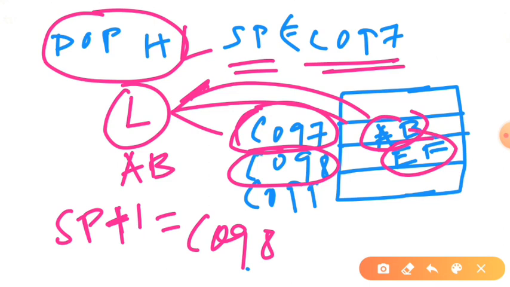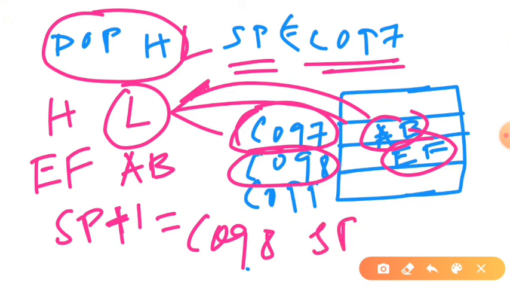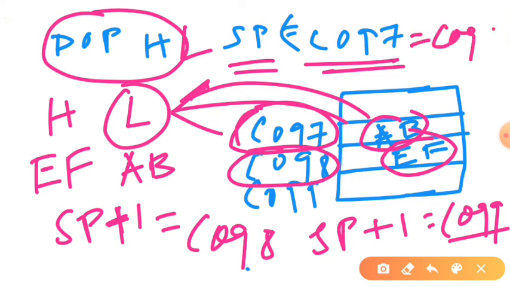The content of C098 is EF, it will be read and it will be stored in the higher order byte of the register pair, so that is the H register. So EF will be now stored in the H register, and again the stack pointer will be incremented by 1. So now the stack pointer's content will be C099.